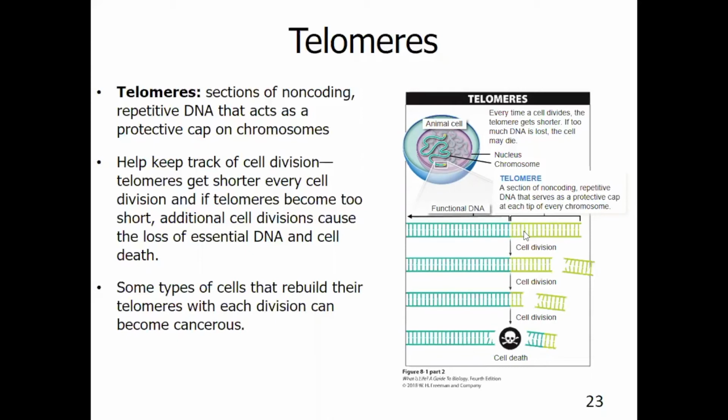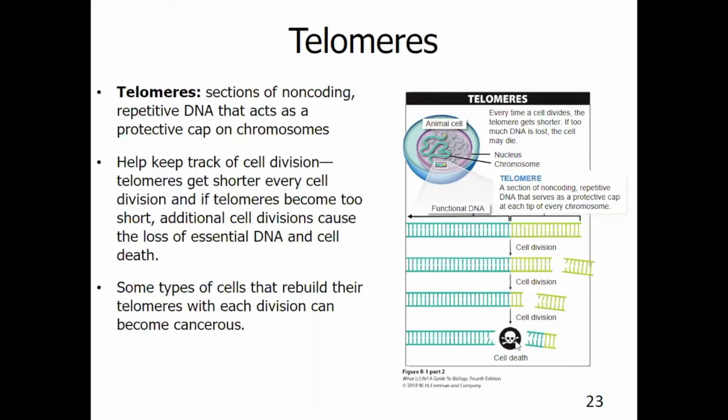Every time a cell divides, it misses the very end of the chromosome. So you can see after this first round of cell division, this last little bit of the chromosome is not copied. On the next round of cell division, again, we lose that last little bit of the chromosome.